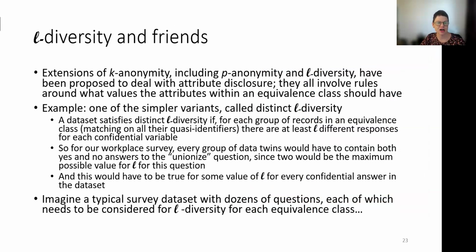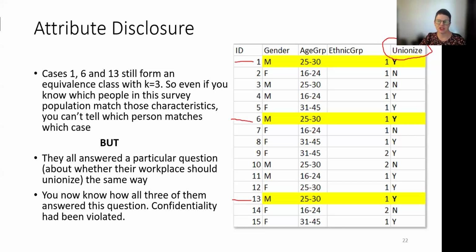They basically involve looking at variation among the answers to confidential attributes. So here, you would have to have at least 2 possible answers. If in this group of 3 people, 2 had answered yes and 1 had answered no, then you wouldn't know which of these people was Robert, and you would be back to not knowing how Robert answered the question.